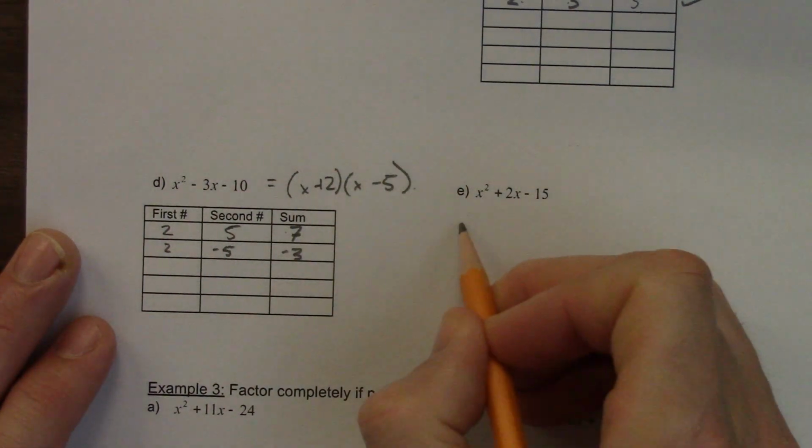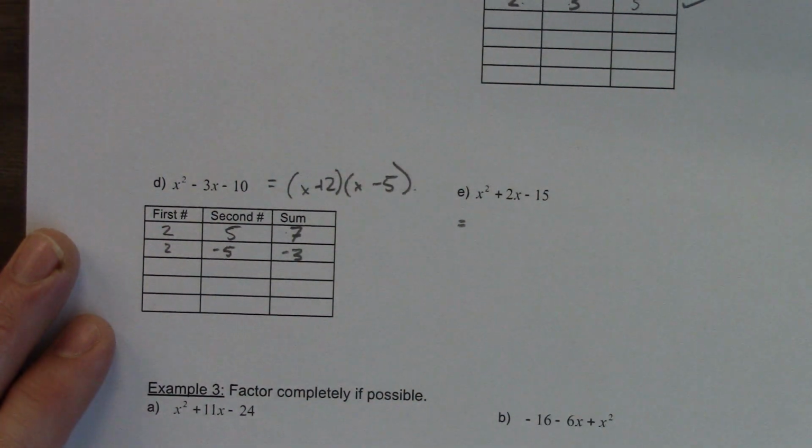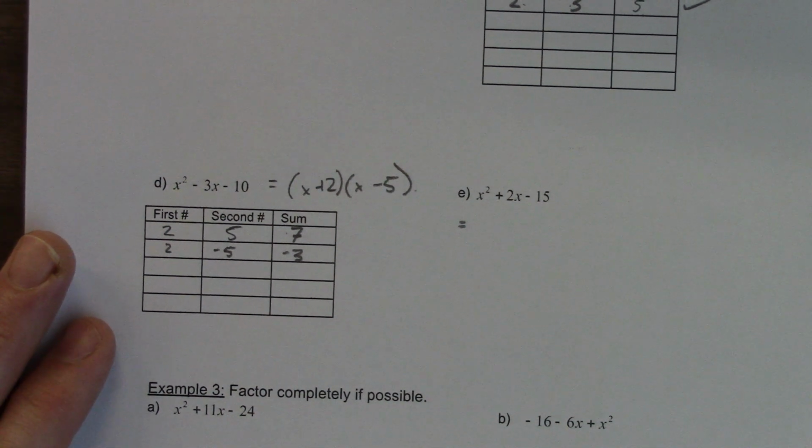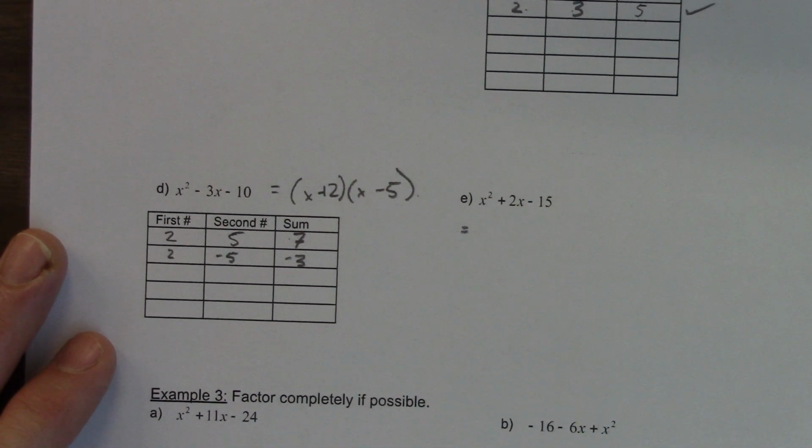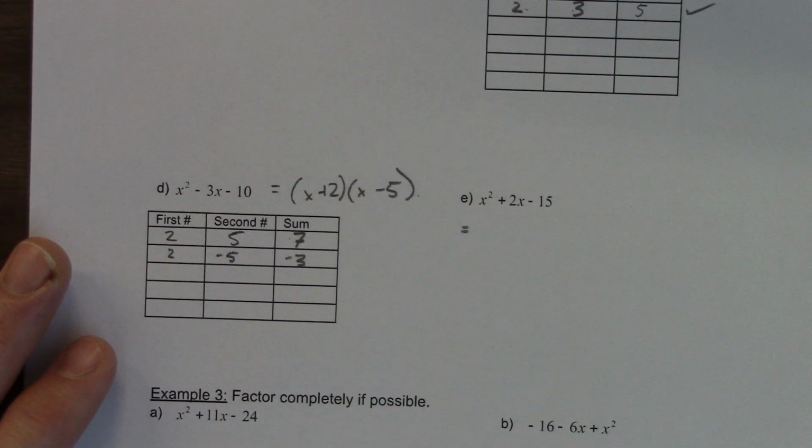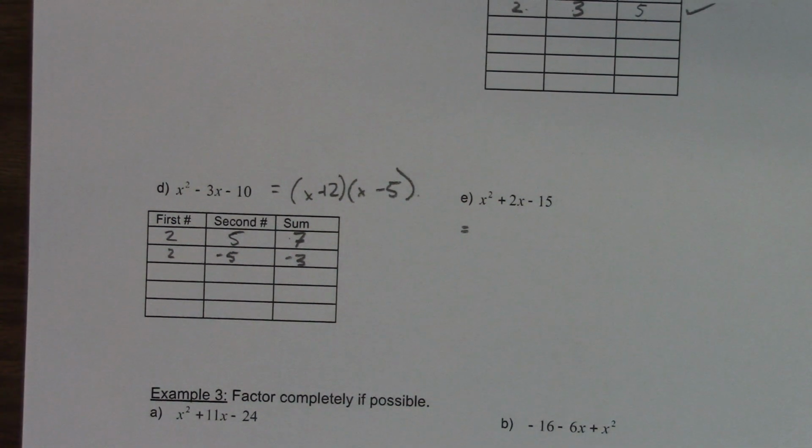Okay, next one. x squared plus 2x minus 15. I'm going to show you now a little bit more of a systematic way to do this, because I understand it's sort of a lot of guessing, right?